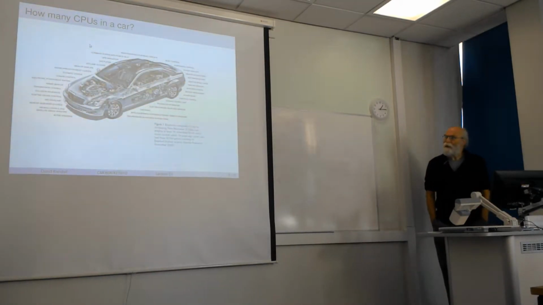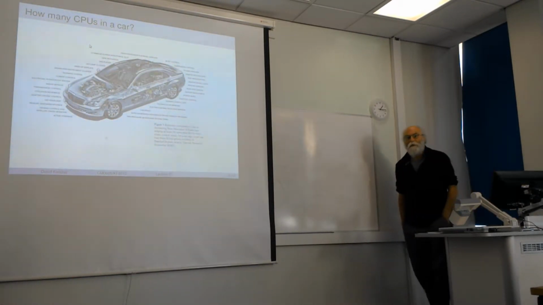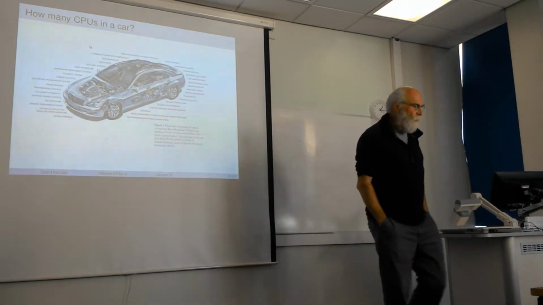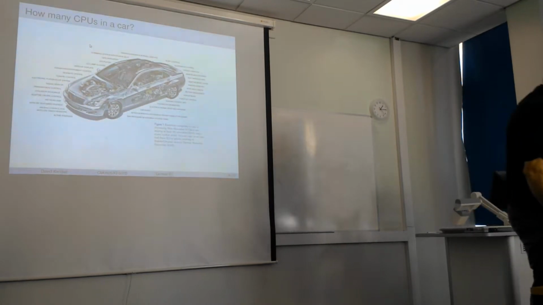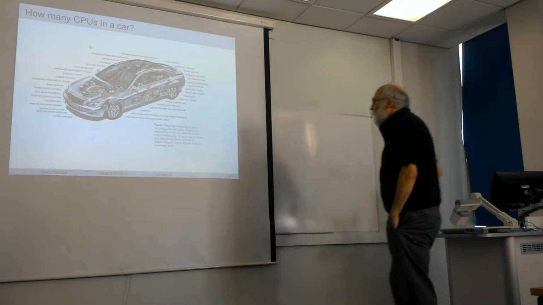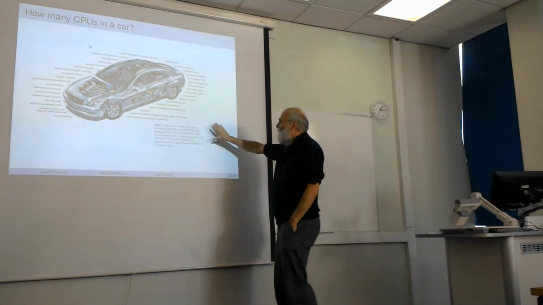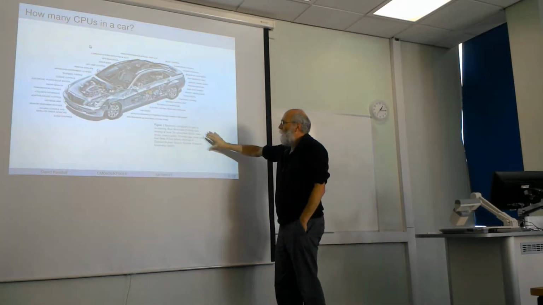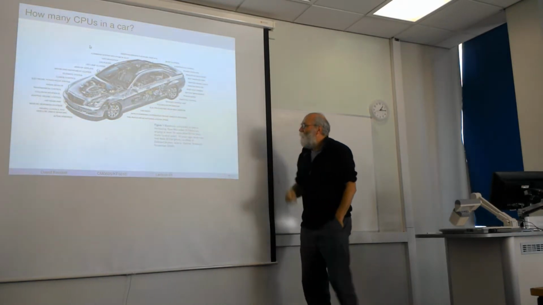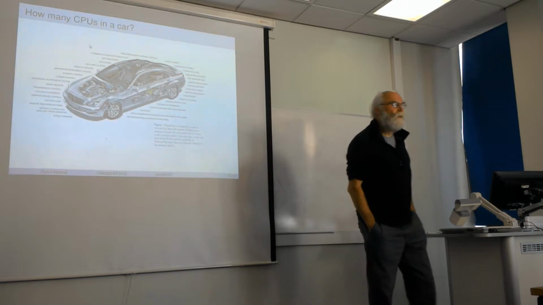You might ask, how many are there in a car? Well, I'm not, you'll be pleased to hear, going to work my way around this diagram and count up how many there might be. The numbers vary. So according to the slide, again, the slide is a little bit out of date, 10 years ago, a Mercedes S-Class car had at least 70 networked ECUs.